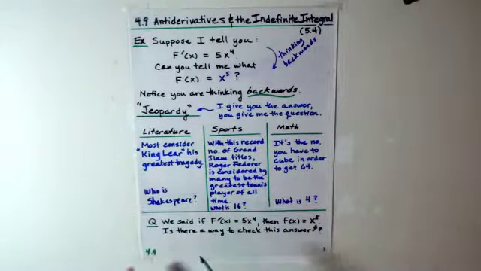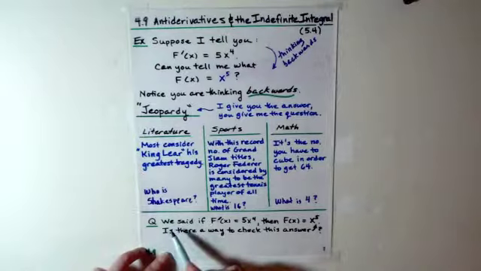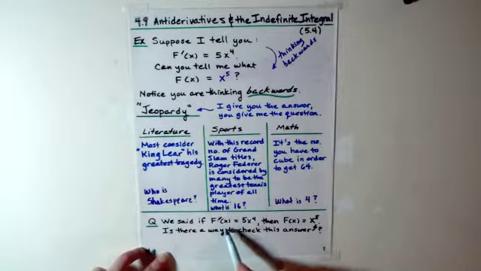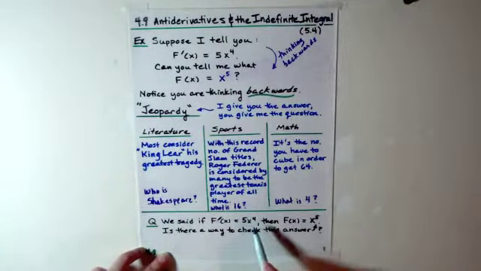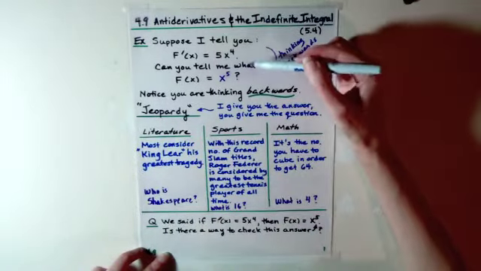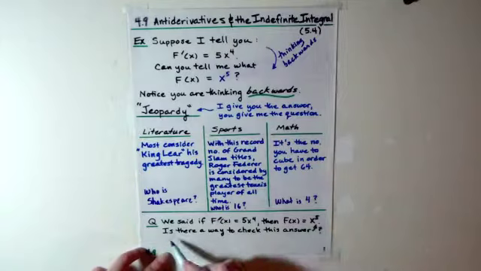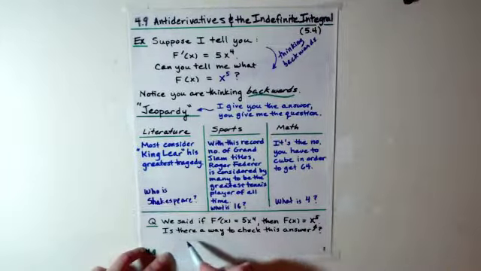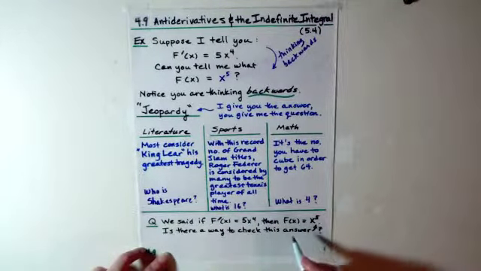Okay, let's go ahead and check our answer. We said that if F prime of x equals 5x to the fourth, then F of x must be equal to x to the fifth. That's what we said right here. And what we're going to do is try to see if there's a way to check this answer.